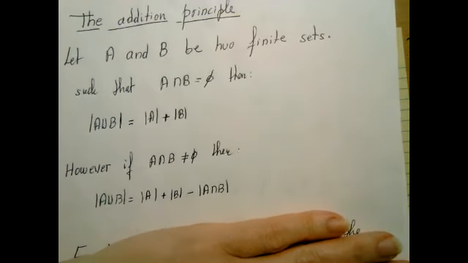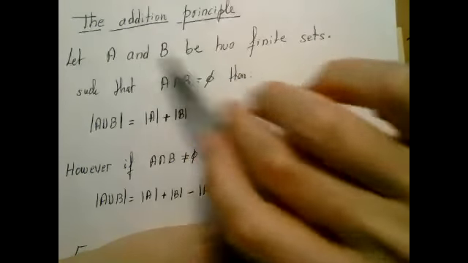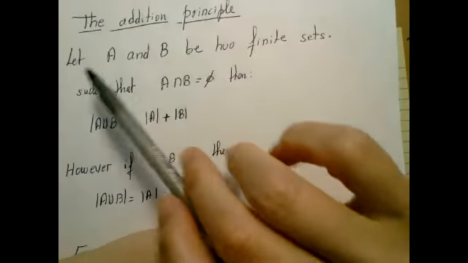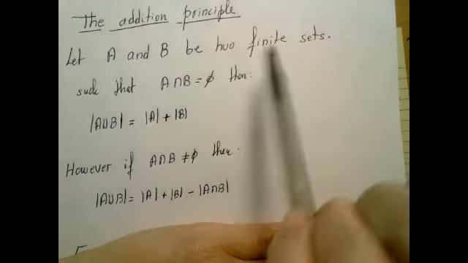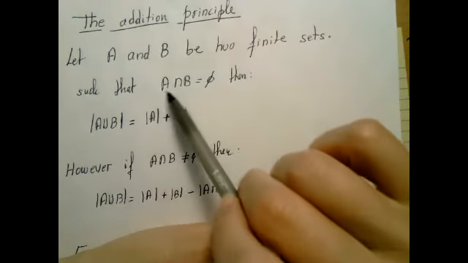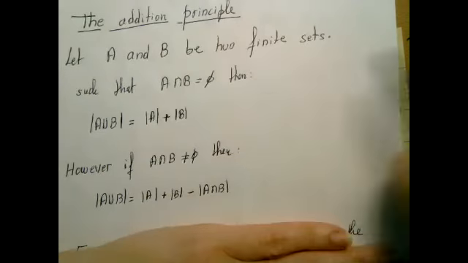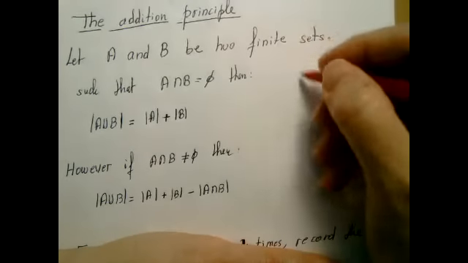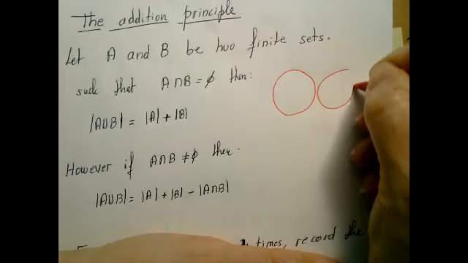So let's see what it says. I'll state it for sets because that's how we're going to use it. Suppose A and B are two finite sets, meaning they have finitely many elements, such that the intersection is empty, and that's very important. It means they do not intersect. This is A, this is B, and there is nothing in common between them.